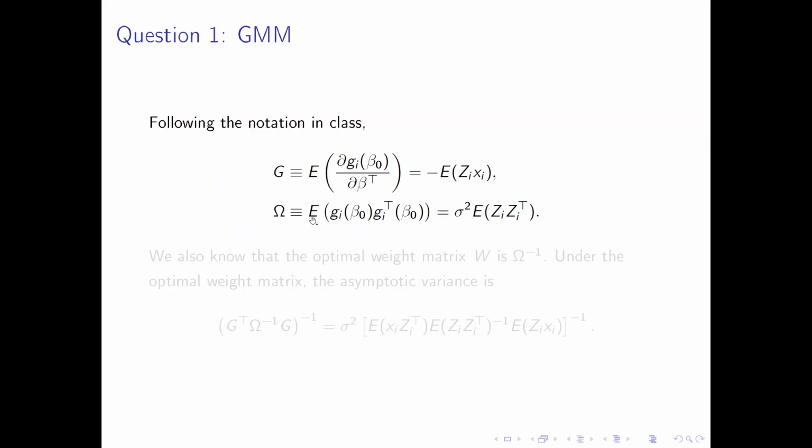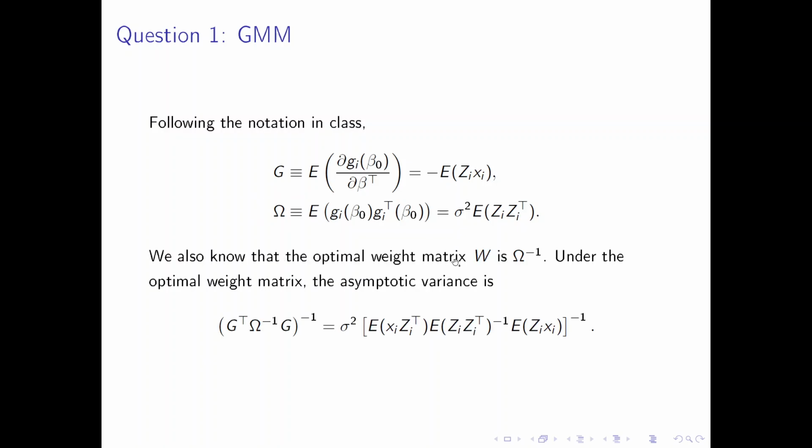And omega is the variance of the moment function at the true value of beta, which is sigma squared times the typical expectation of ZZ prime. I used homoscedasticity here. After calculating the omega matrix, we know the optimal weight matrix is omega inverse.